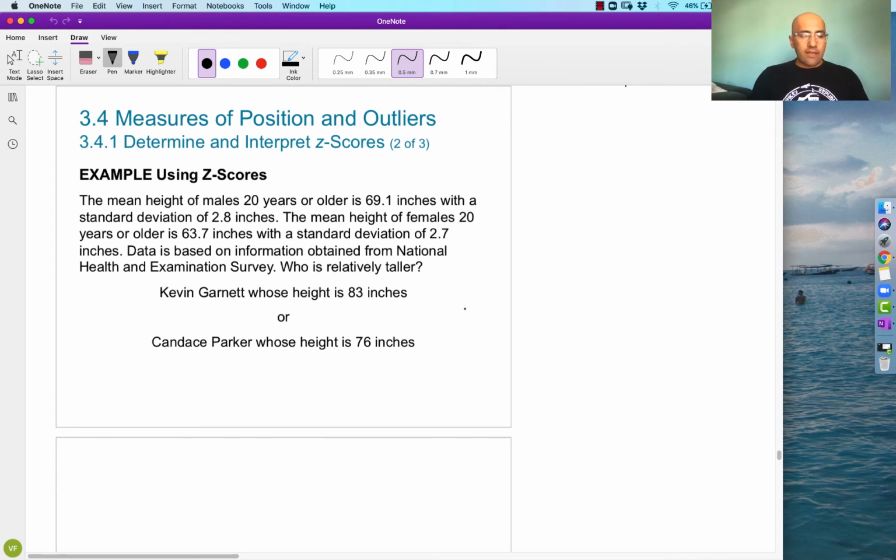So we have men and we have women, we have different distributions. For heights of people, we can assume that the heights are approximately bell-shaped. So we have men, let's make it in blue. Let's say that this is the distribution for men.